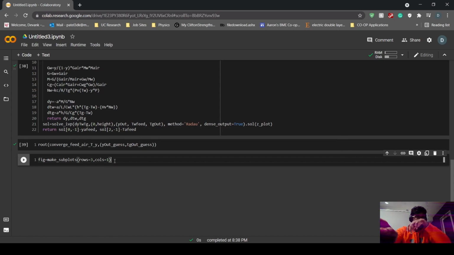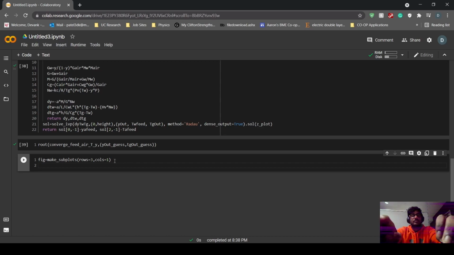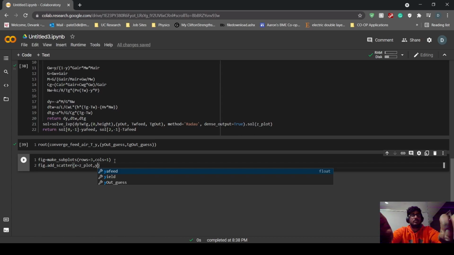And then we want to do fig dot add underscore scatter. And here we're going to use x being our z plot we defined above, y being the solution, so equal to sol, an array of 0 to the colon.